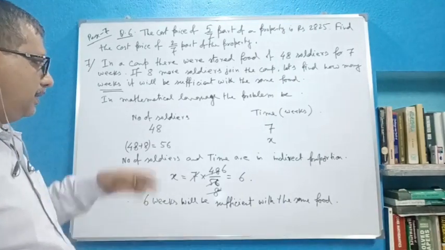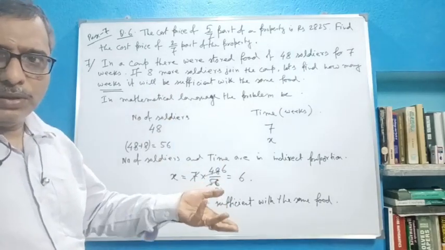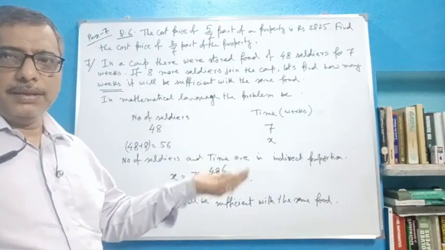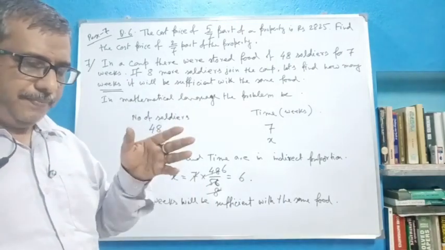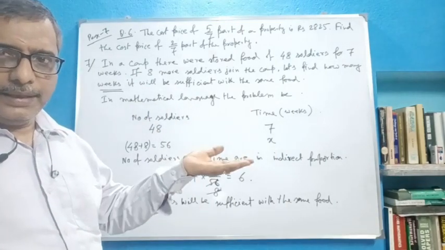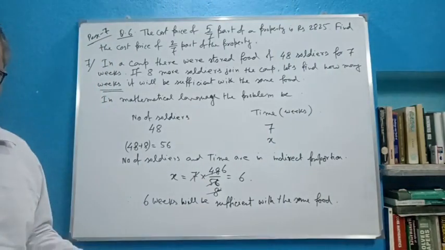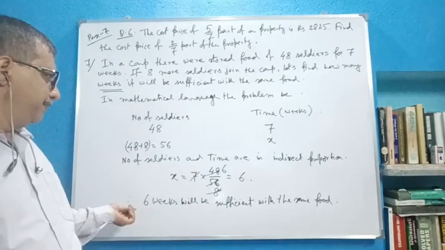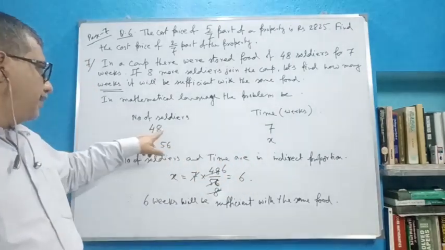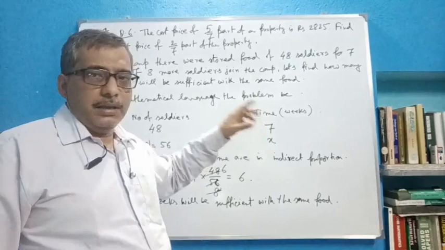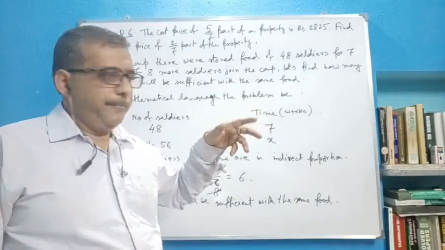If one thing increases and the other thing also increases, then it is direct proportion. If one thing increases and the other thing decreases, then they are said to be in indirect proportion. In this case, if the number of soldiers increases, time must decrease for the same amount of food.